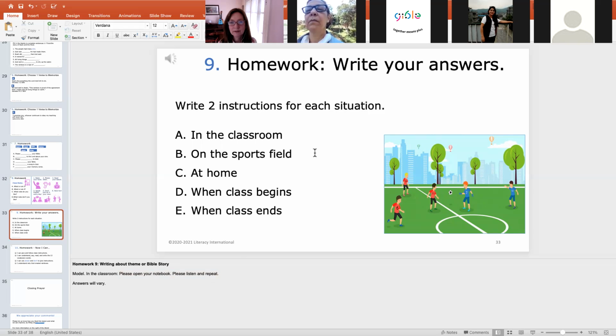On the sports field, it might be, kick the ball over here, please, or make a goal, please. At home, when class begins, when class ends, they're going to try to come up with instructions that people might say in those situations.